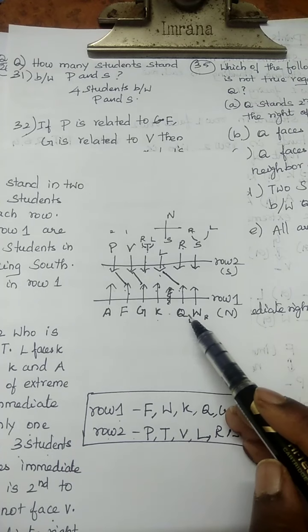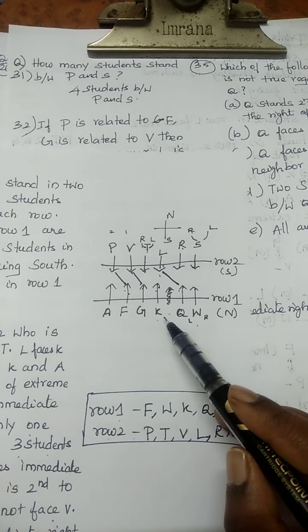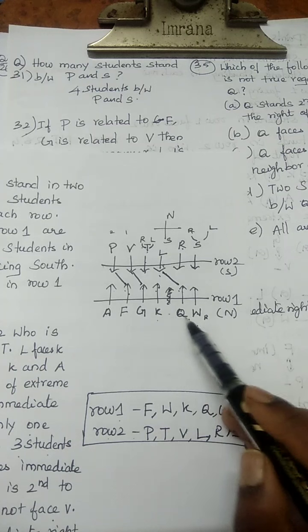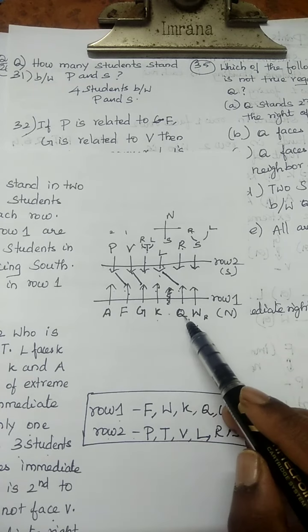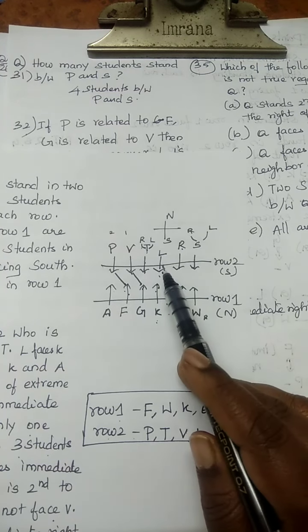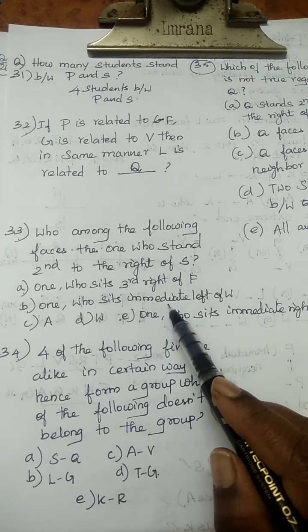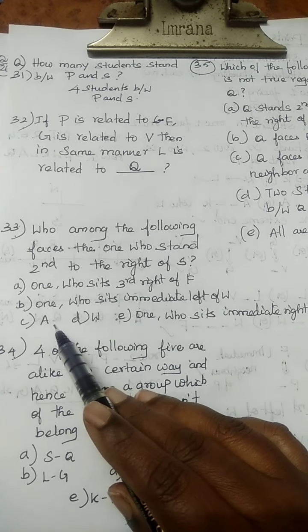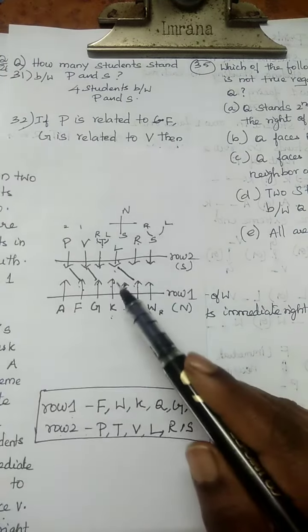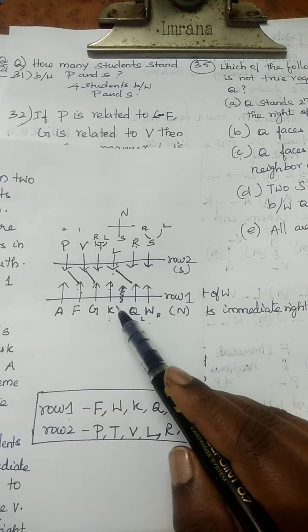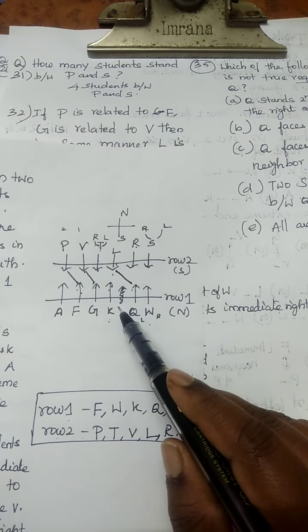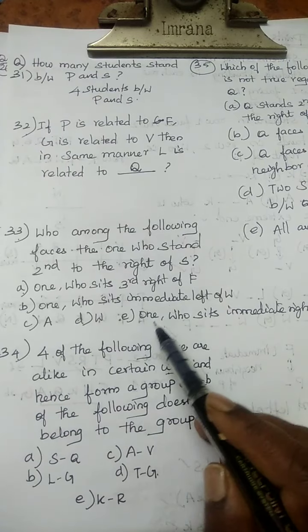No. It's not immediate left, it's second left. K is second to the left of W and faces L. So this is also false. And A, W. Whether L faces A? No. Whether L faces W? No. Both are wrong answers.